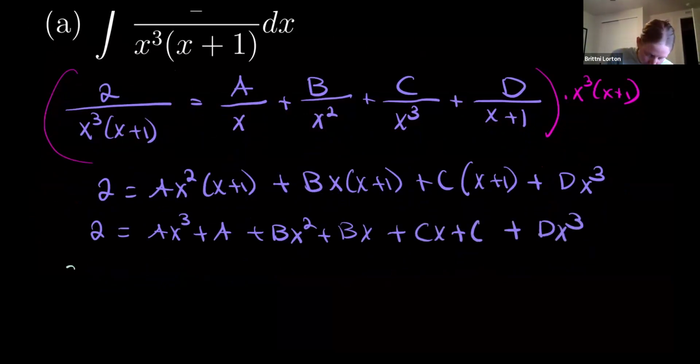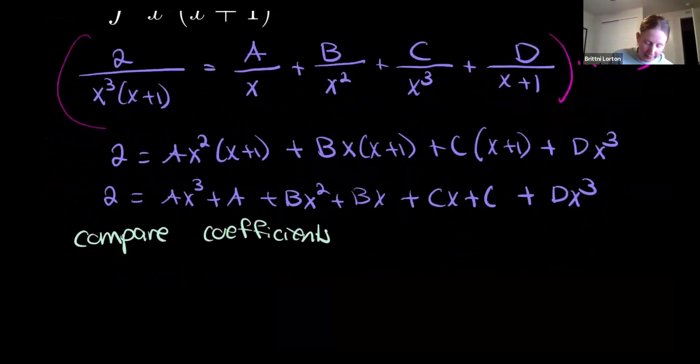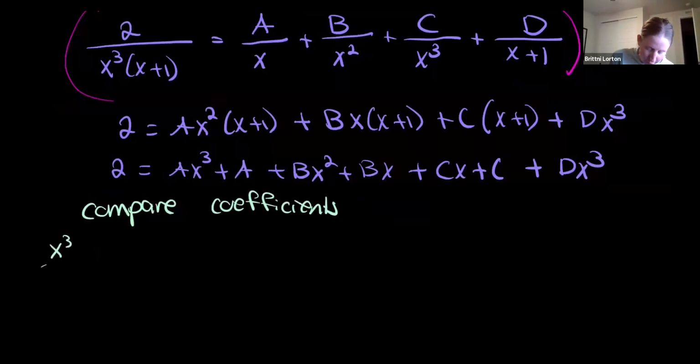And then I'm going to compare my coefficients. To compare the coefficients, I like to start off with the x cubed. What's in front of the x cubed? It looks like nothing is on the left side, and then a plus d is on the right side.